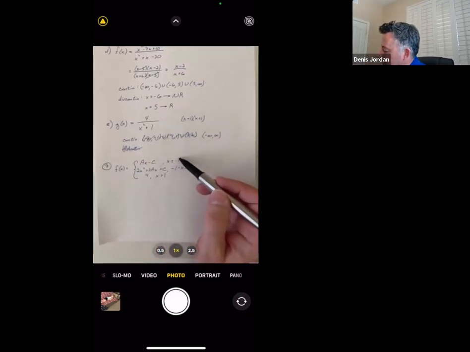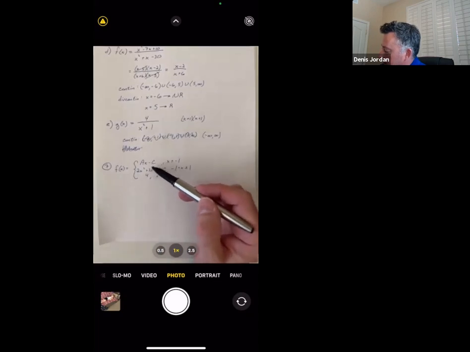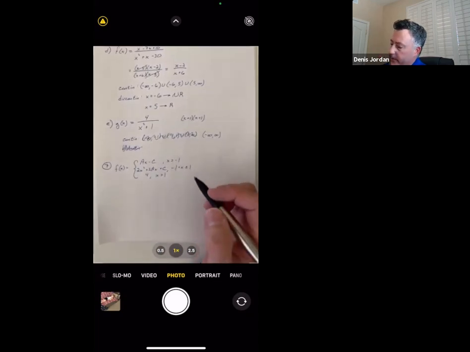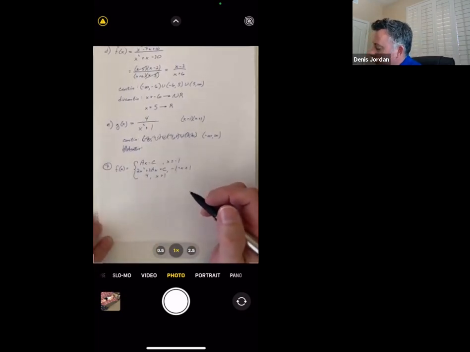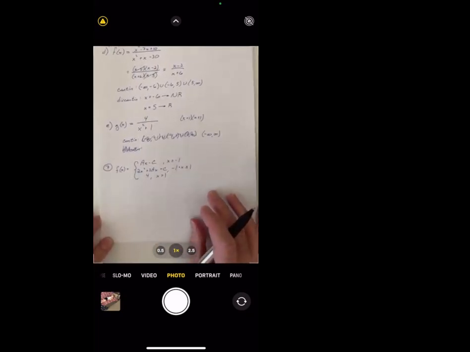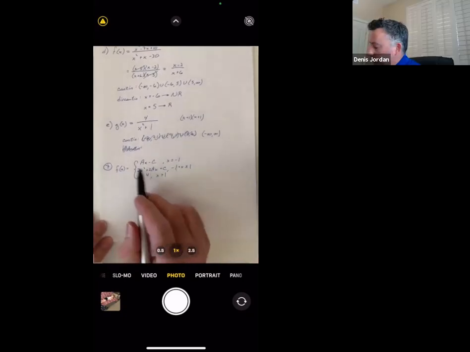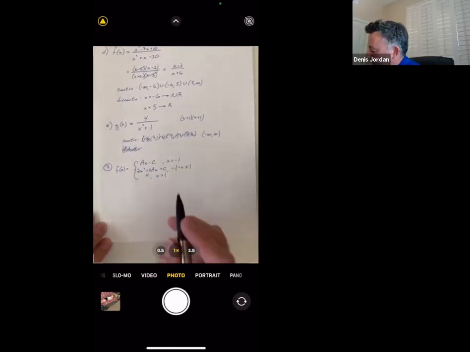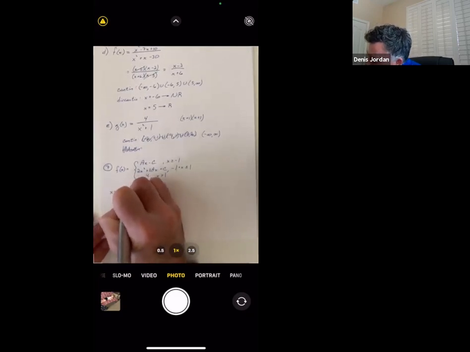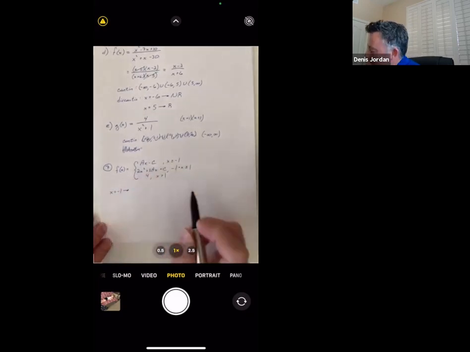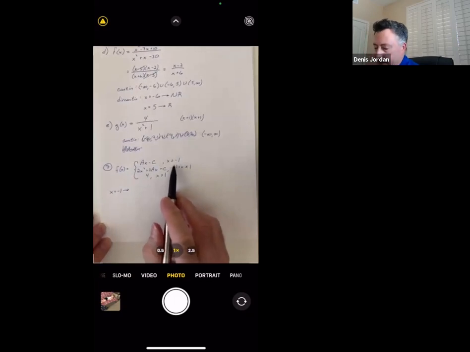So that means if you plugged in -1 into both pieces, what should happen? You get the same y value. Yeah, they have to have the same result, so they'd have to equal each other. So you just have to do exactly that, even if it comes out weird.